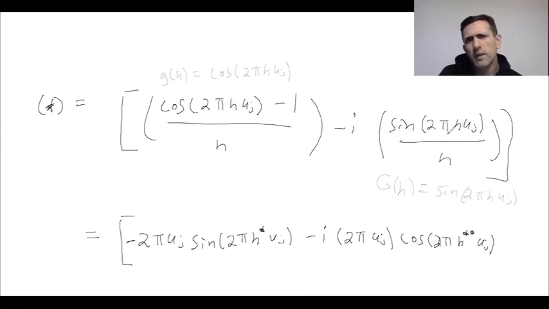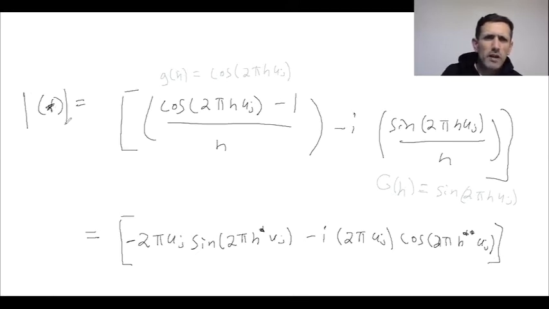Okay. Again, this is really g of h minus g of 0 over h, so right, g prime is 2 pi uj cosine 2 pi h uj.